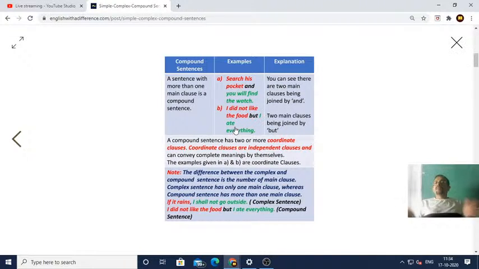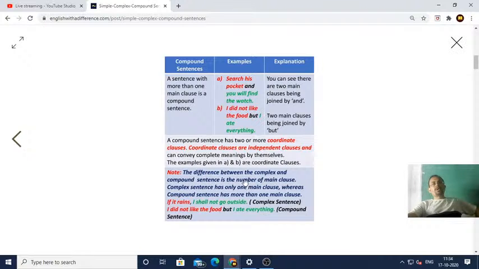Always remember that a main clause which is independent in nature and expresses a complete meaning is also called a coordinate clause. Okay, remember this.